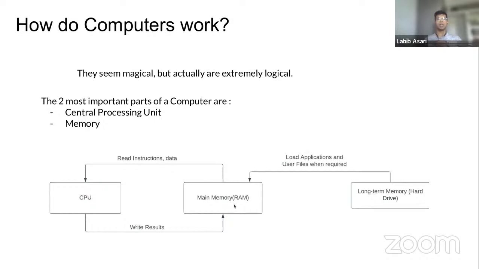The main memory is where all the applications that are currently running, all of the data and instructions of those applications, are present. And then the CPU fetches one instruction at a time and decides what data this instruction is supposed to be executed on. It fetches the instructions and the data, and whatever the result is, it writes it back to the memory. And this continues as long as we are running the application.